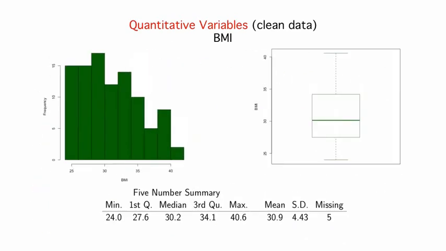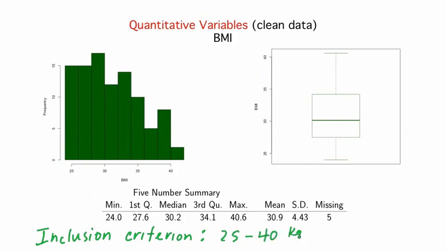The distribution of BMI is a little bit right skewed. Our inclusion-exclusion criterion for BMI was 25 to 40 kilograms per meter cubed. And we have subjects just outside that range, probably because their BMI changed after they were initially screened for this study.